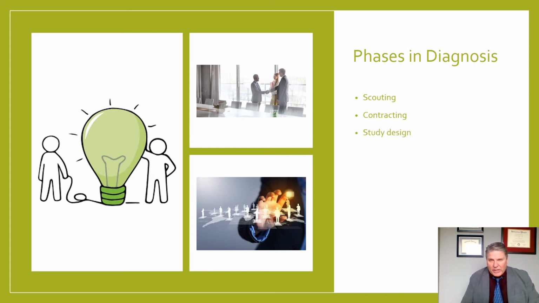Once you get to that point, then you come to the study design. This is where you're going to figure out your method, your procedure for analysis. And these procedures have to be planned. How are you going to get the information that you need for that particular area? One of the things that I did with the one that wanted to boost visibility is I went ahead and did some research on their digital footprint.